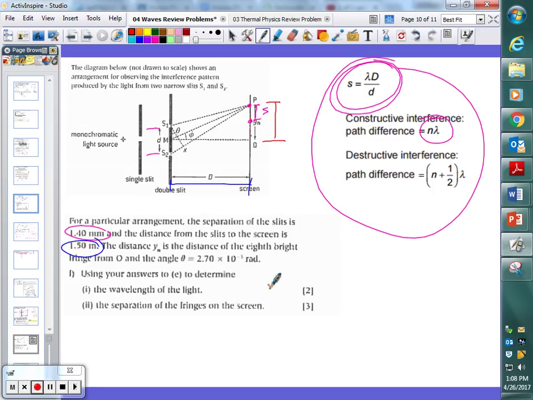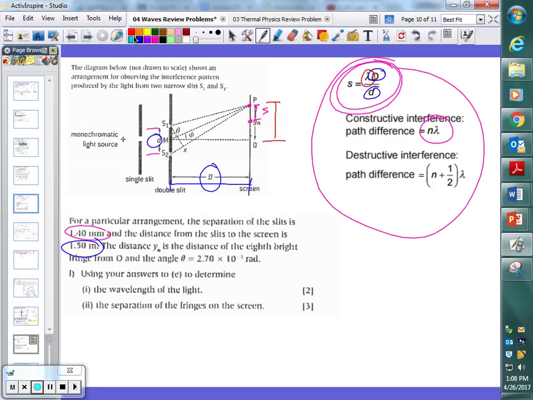Here is the wavelength equation, but we don't have everything we need to solve it just yet. We have big D, that's this distance. We have little d, that's this distance.